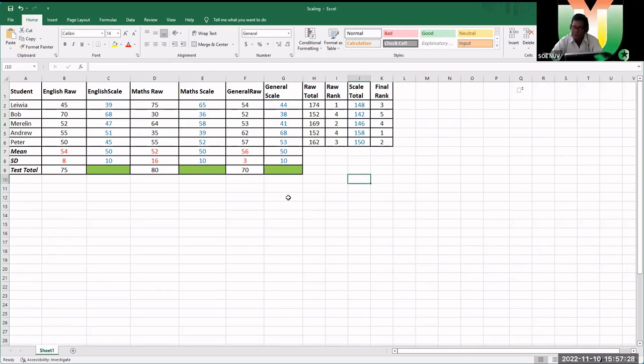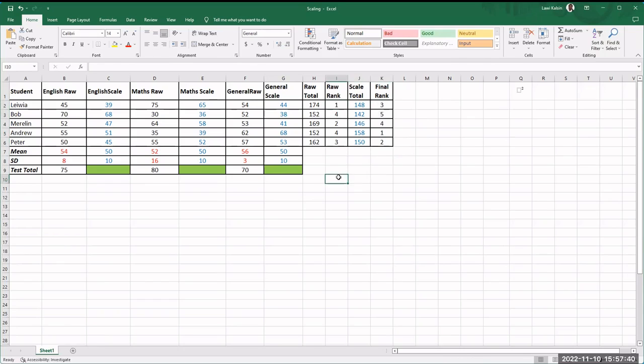Now, for your selection for prizes, which one will you follow? The raw ranking or the final ranking? Yes, the final ranking. Why?